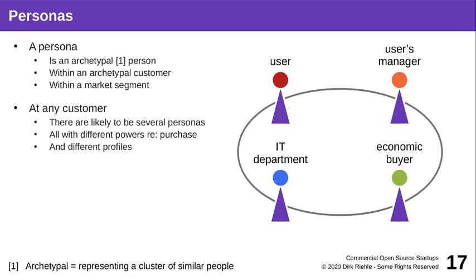Finally, user and user manager, they want something. They need new software to make life better. The user wants it to be nice and easy to use. The user's manager wants to squeeze out more from their users perhaps. And the economic buyer wants it to be cheap but understands the business wants some software.